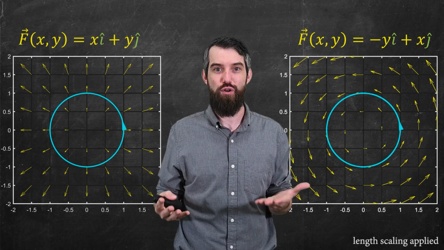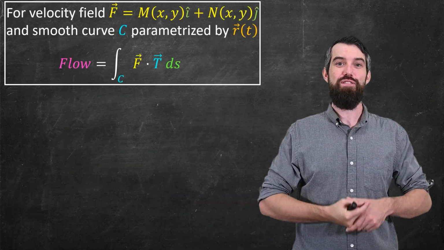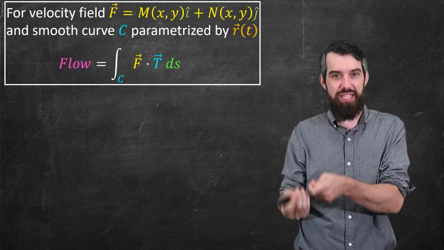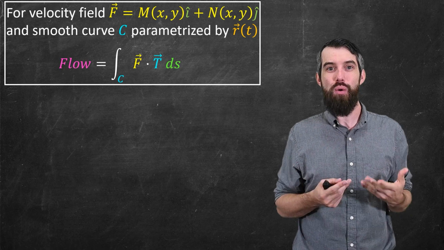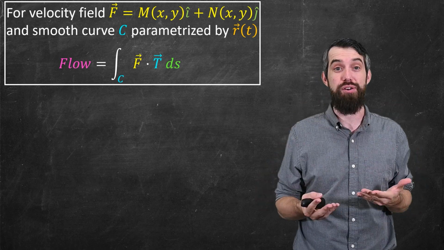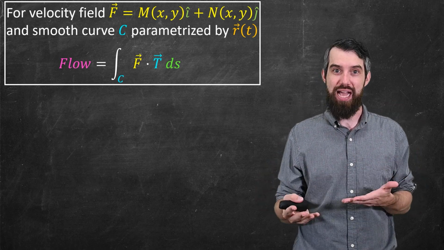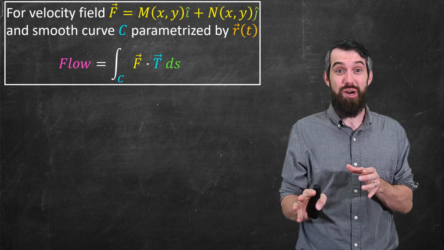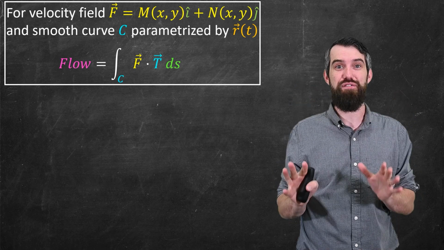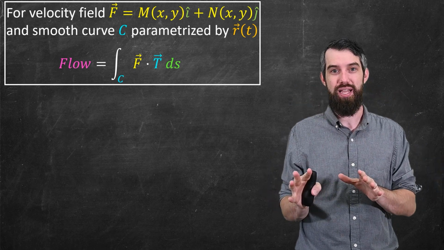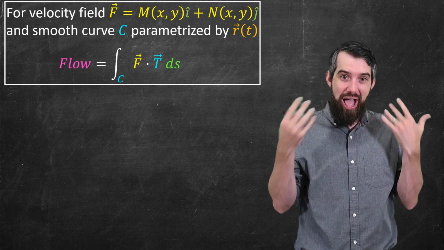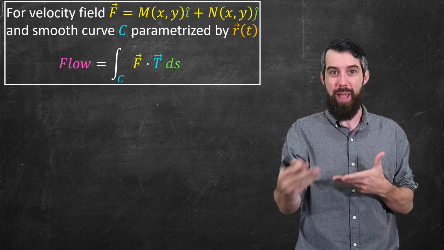Okay, so here's our formal definition. It says, if you have a velocity field F and a smooth curve C, then the flow integral is just the line integral of F dot T ds. Now, what you might observe is that the formula I've given here is exactly the same formula, there's nothing new about it, as the formula that I gave when we talked about work done by a field on some particle moving along a path.